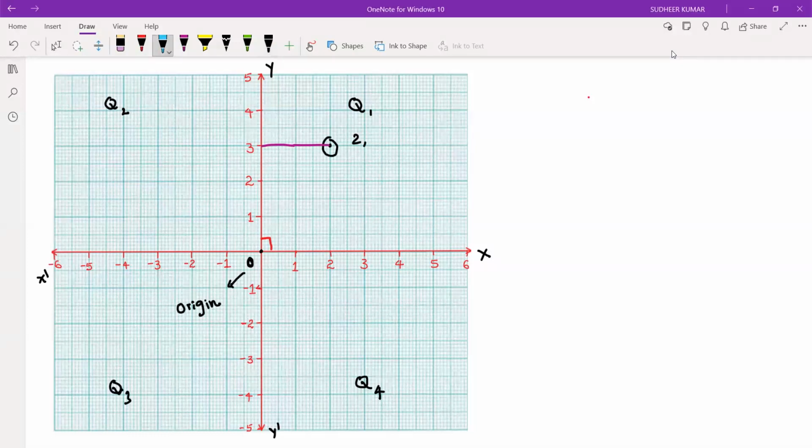Then find the distance from the x-axis. So 1, 2, and 3 units. And if you enclose these with brackets or parentheses, then it is known as an ordered pair.